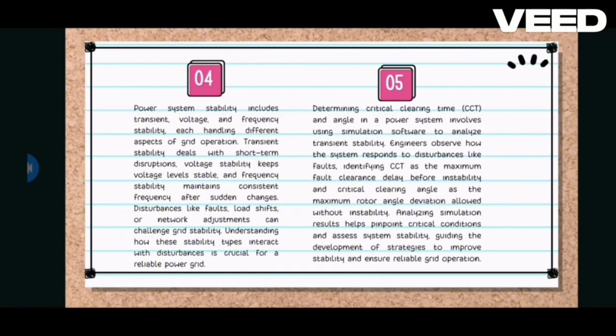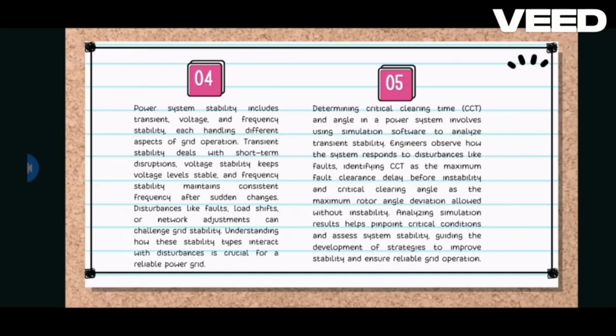And the last one is how to determine the critical clearing time and angle. In a power system, it involves using simulation software to analyze transient stability. Engineers observe how the system responds to disturbances like faults, identifying the CCT as the maximum fault clearance delay before instability, and the critical clearing angle as the maximum rotor angle deviation allowed without instability.